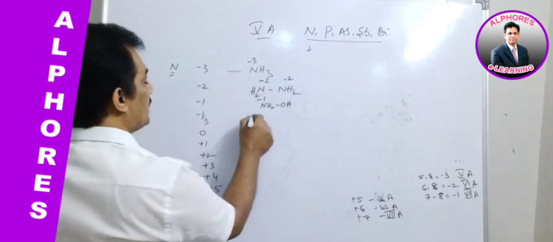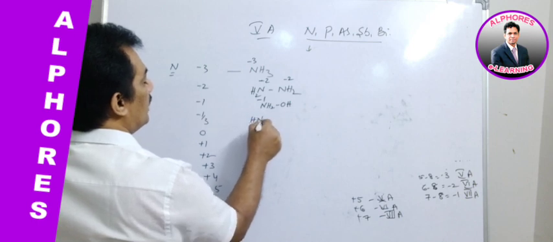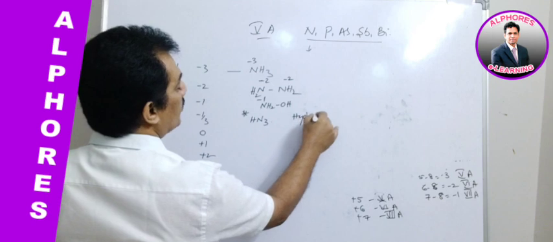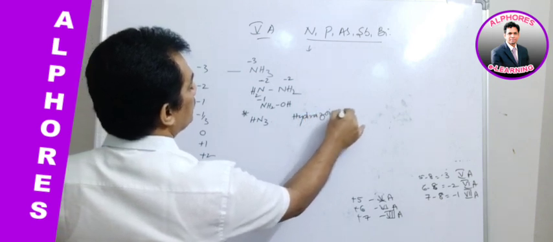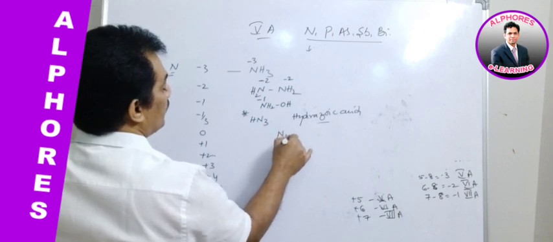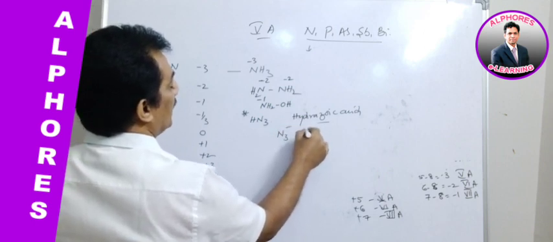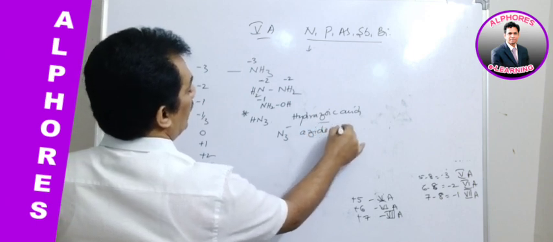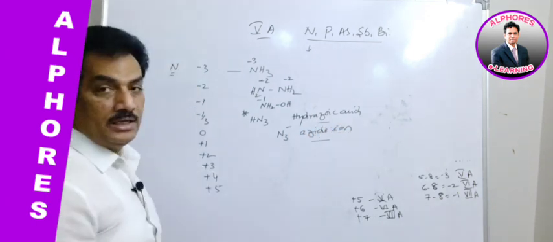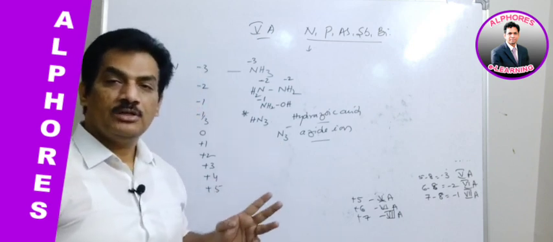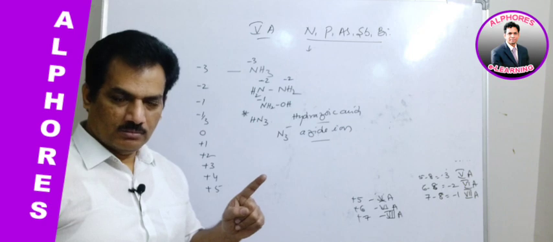And -1/3, it is HN3, and it is very important. You remember, this is hydrazoic acid. And in this one, N3 minus is azide ion. In azide ion, if you observe, 3 nitrogen atoms are sharing 1 electron.